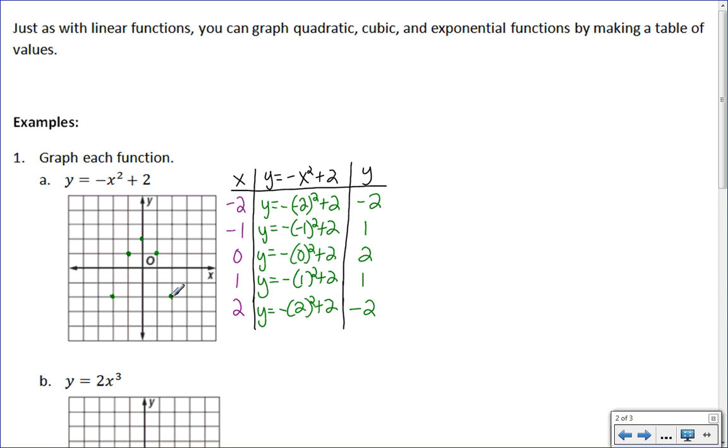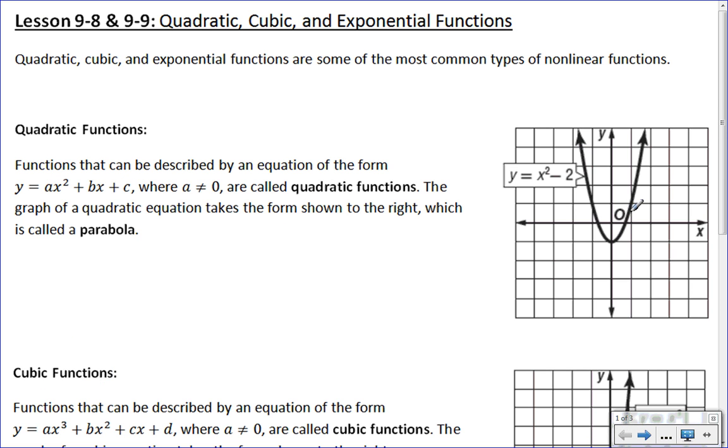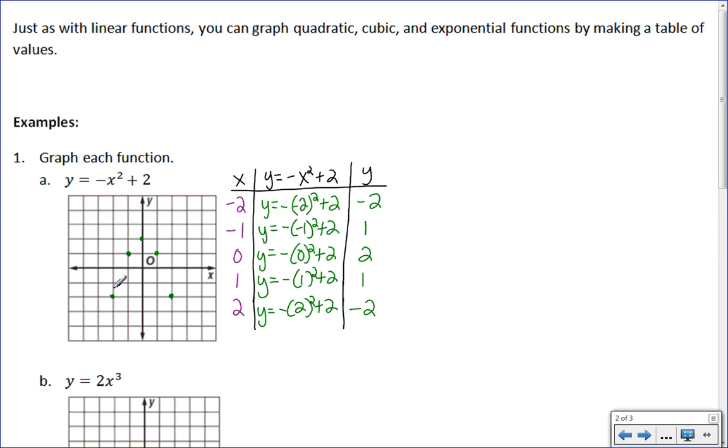Okay. And if you remember back to the first page for what a quadratic function looks like, it makes this curved sort of shape. Now in this case our curve opens the other direction, it opens downward. But make sure that you're not connecting these with nice straight rigid segments. That's not the type of shape we have. What we have is a curved shape.